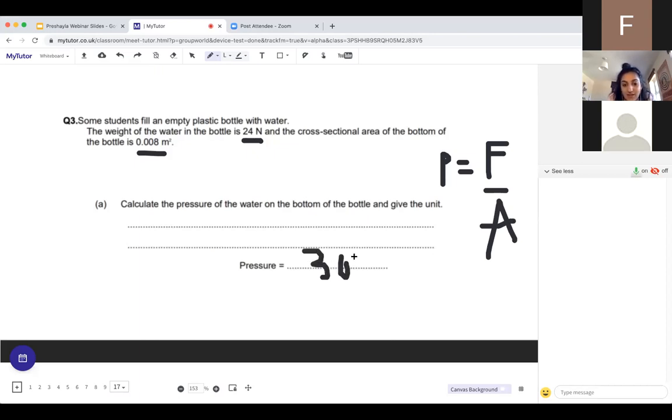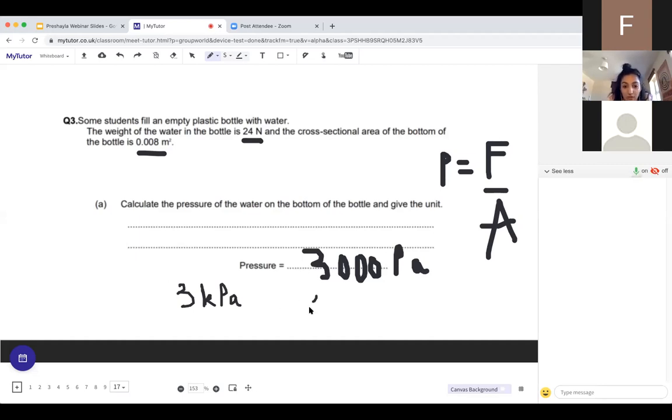It says to give the unit. Now, pascals is the one that's commonly done. It's the one that we always use. However, we can switch it out for kilopascals. So if you wanted, you could do 3 kilopascals. Or you could even write it in newtons per meter squared.